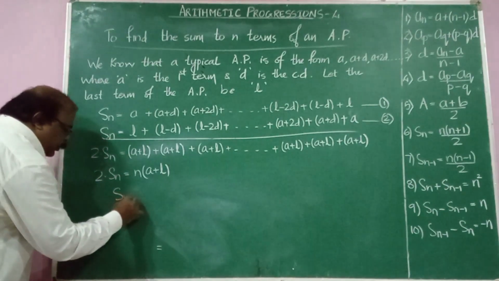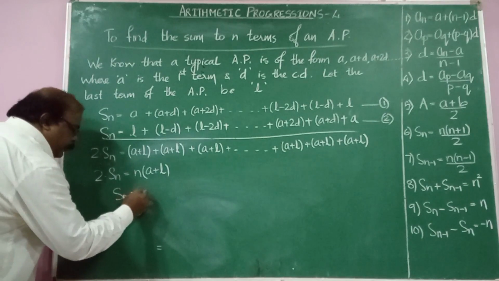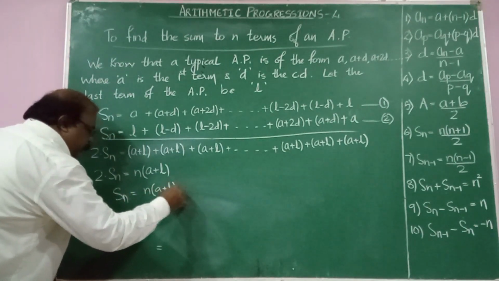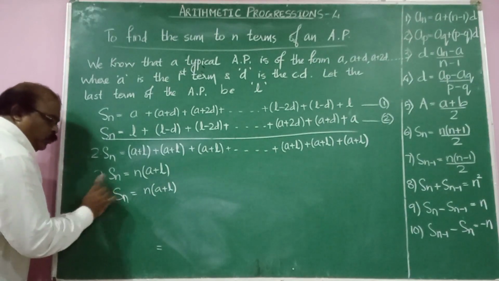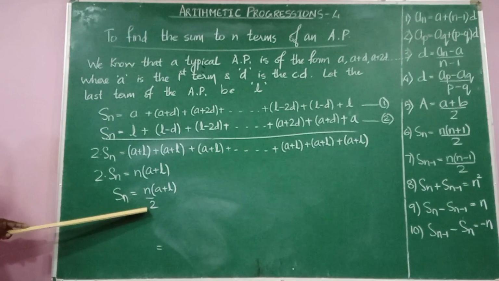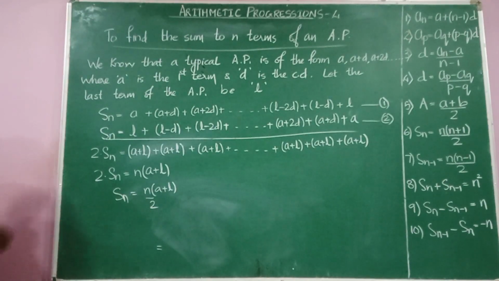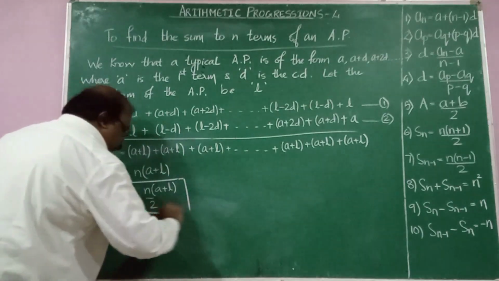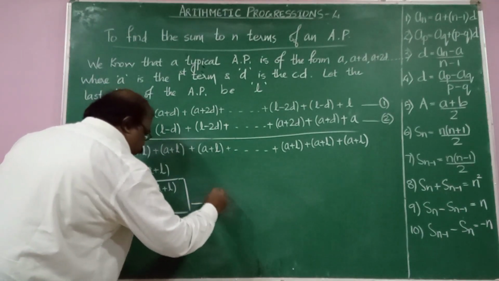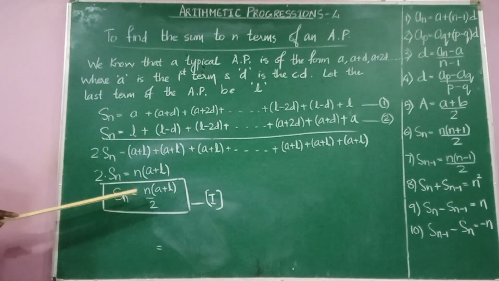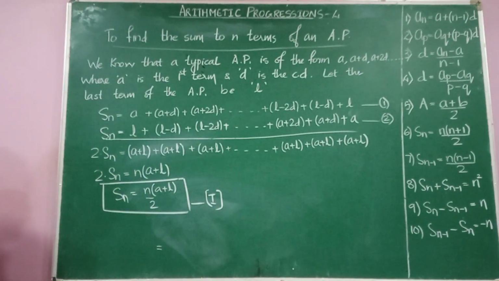So I have come to a new formula that Sn is equal to n upon 2 into bracket a plus L. That 2 which was in the numerator goes to the denominator. This is the formula to find the sum to n terms of a given arithmetic progression.